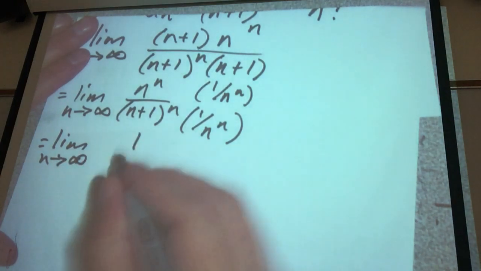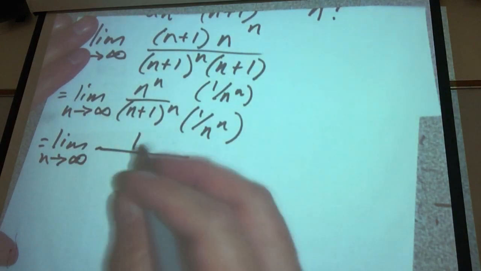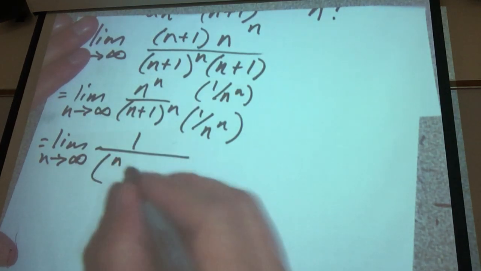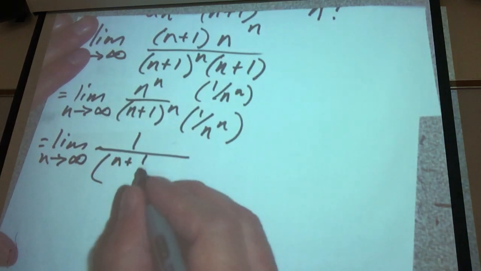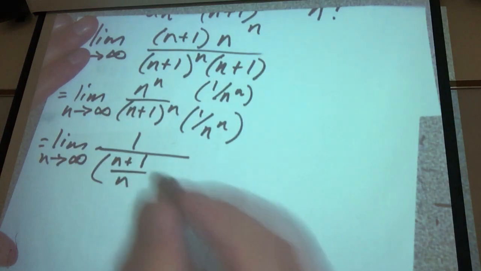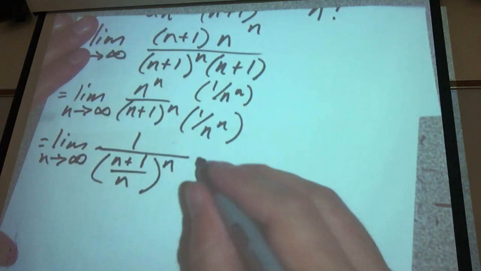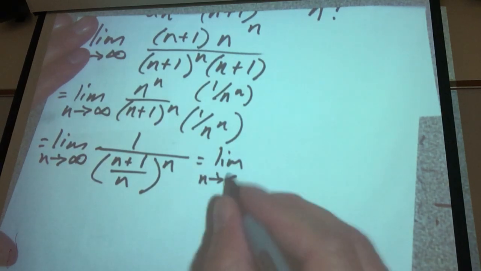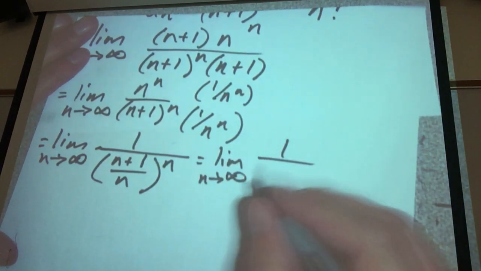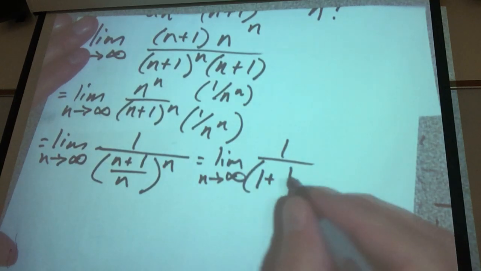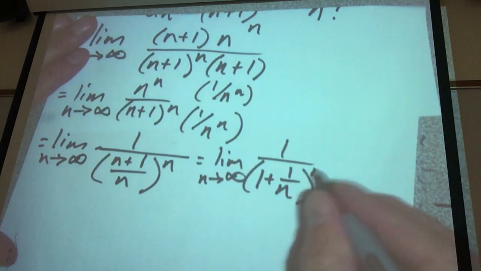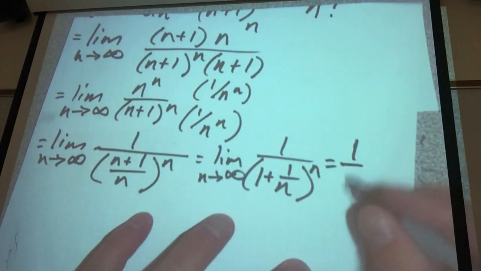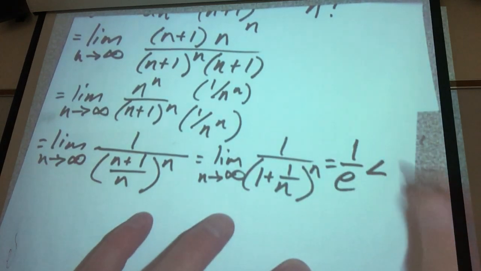So this can be 1 divided by, right, so I could put all of this n plus 1 divided by n, all of this raised to the nth power, which would equal the limit as n tends towards infinity of 1 divided by 1 plus 1 divided by n, now raised to the nth power, and this would equal 1 divided by e, which is less than 1.